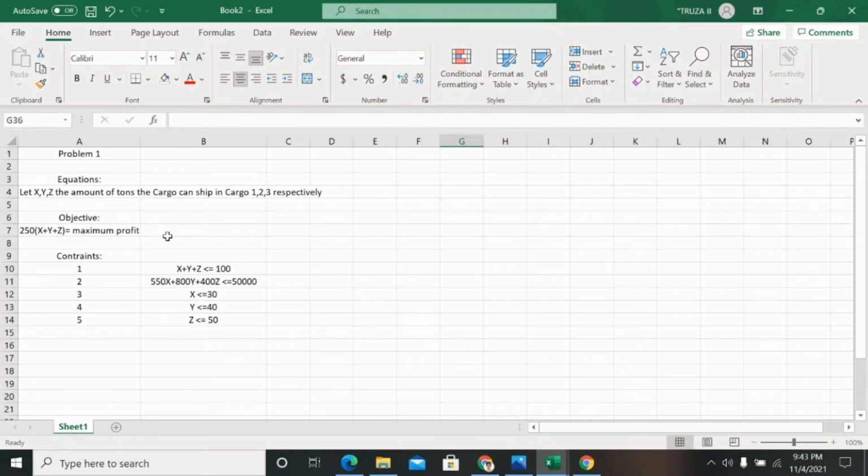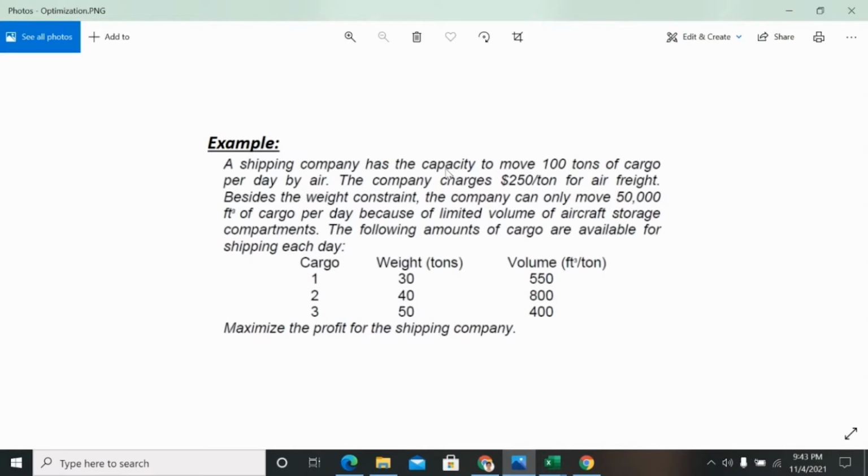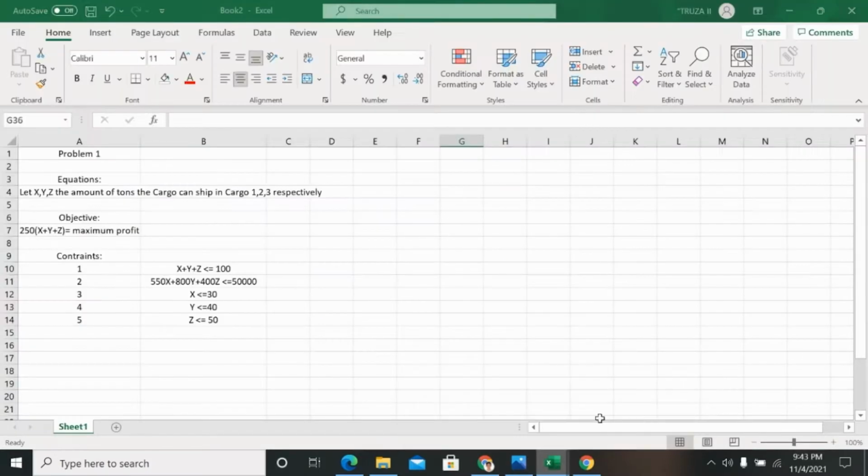We also have 5 constraints. Constraint 1: the shipping company has a capacity to move 100 tons of cargo per day, so x plus y plus z should be less than or equal to 100.